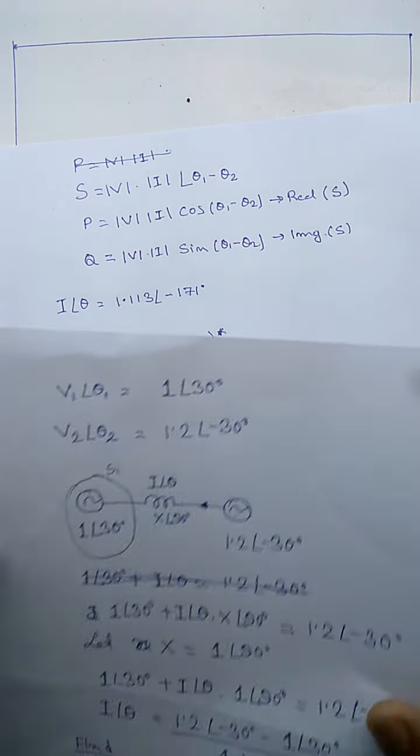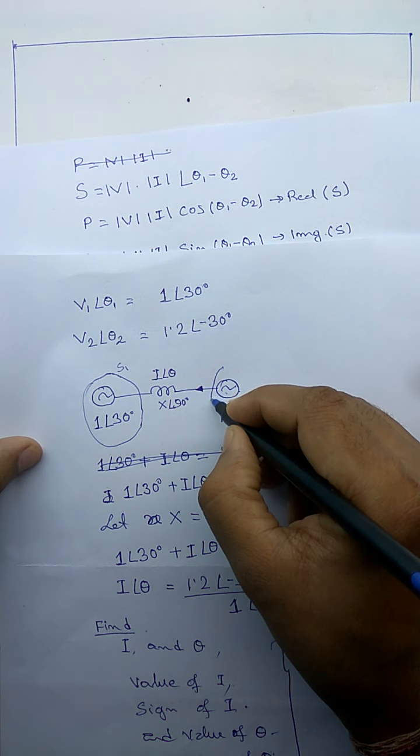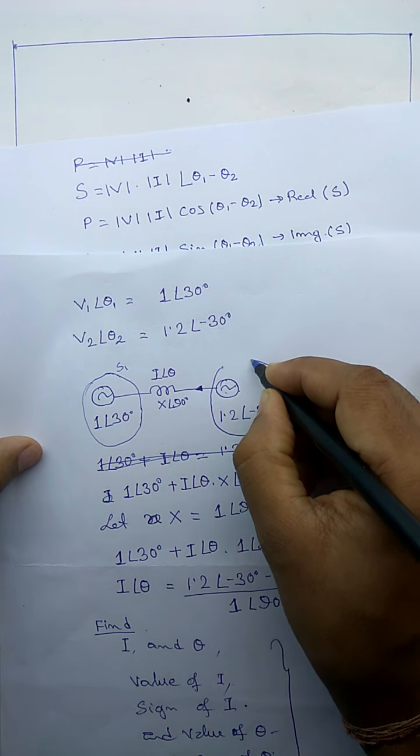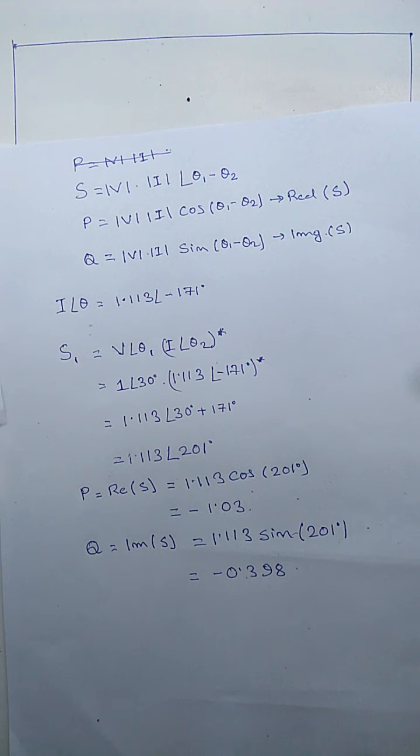Now let's look at the other source. We have calculated for this. Now we will similarly calculate for this source, that is S2. So how to do that?